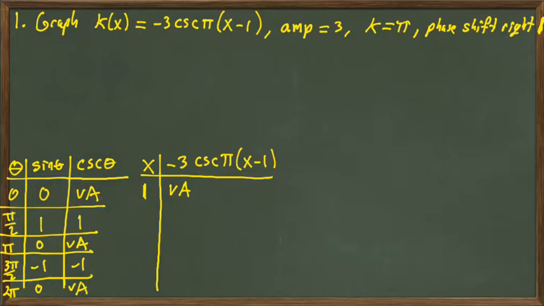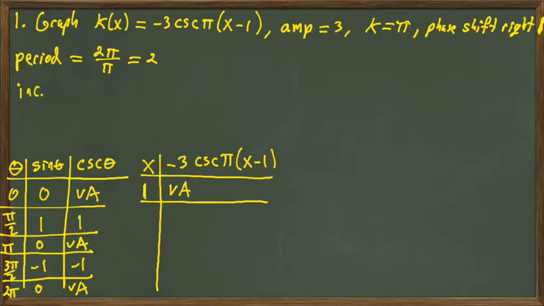Okay, so we need to know what the k is, which we know is pi. So we need to know the period, so that's going to be 2 pi over pi, which is 2. So this pi is going to accelerate, so it takes less than 2 pi to complete a full period.